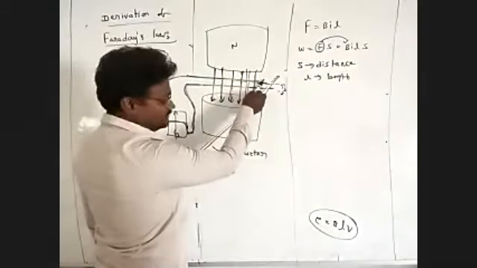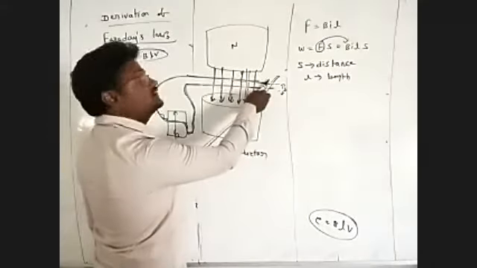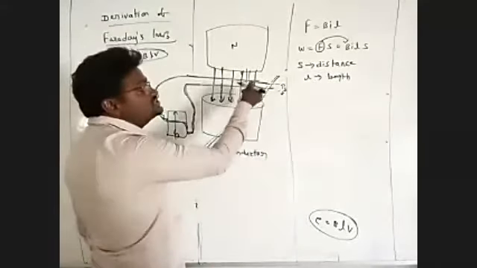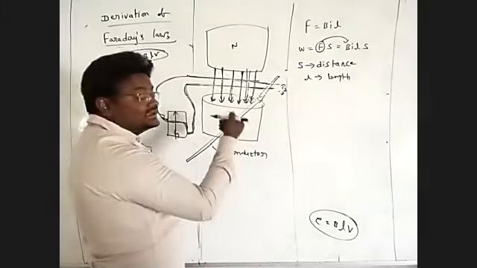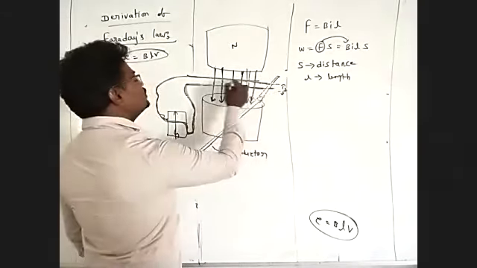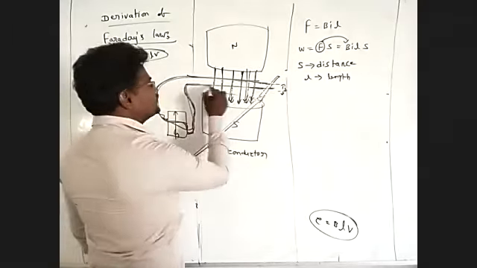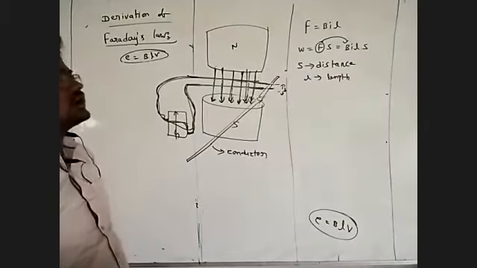With the connector at this place, 1, 2, 3, 4, 5, 6: six flux lines are linked with the coil. A change in flux, an increase in flux lines linked with the coil, means an induced EMF is set up in this coil and an induced current flows in the coil.